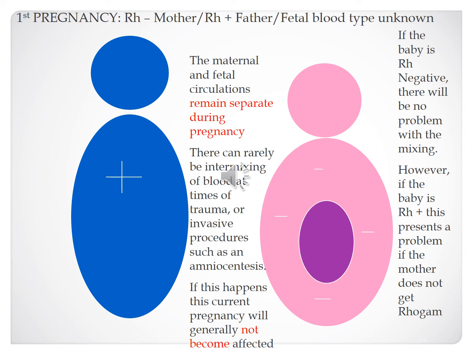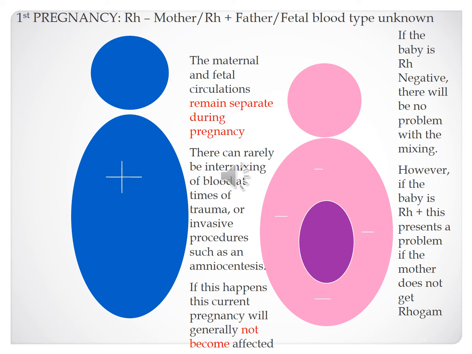The maternal blood is what is being supplied into the placenta and through the umbilical cord, through the vein to supply nutrients to the fetus. But the fetus's blood, when the baby is transferring waste products and things like that back to the mother, is not containing red blood cells. So theoretically, there is normally no mixing of fetal blood with maternal blood, and so that remains separate during pregnancy.